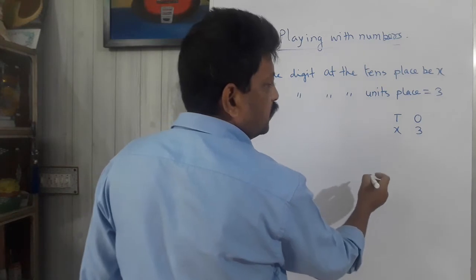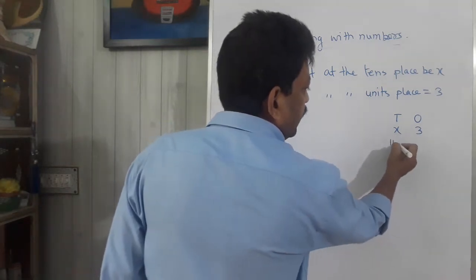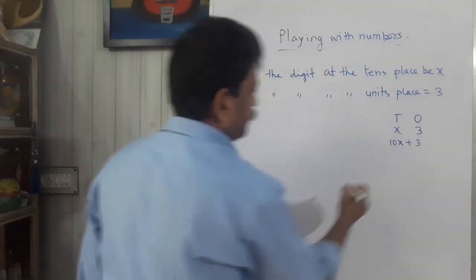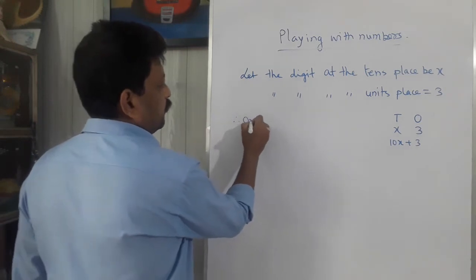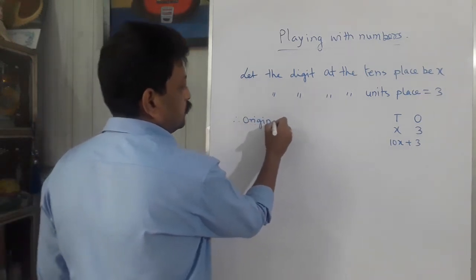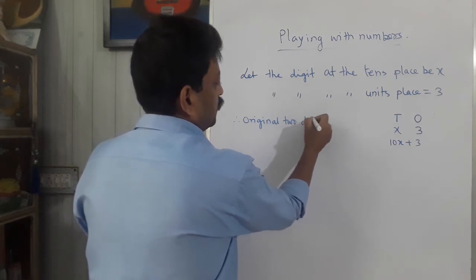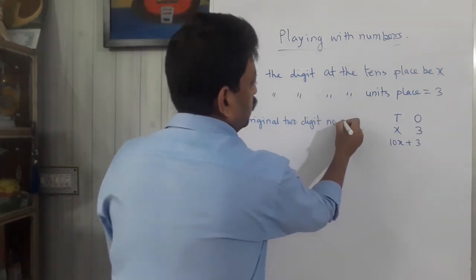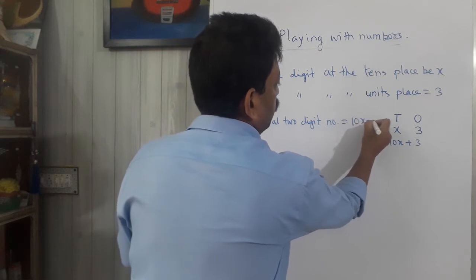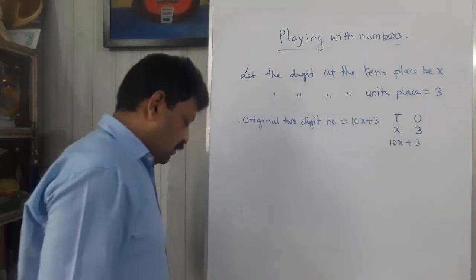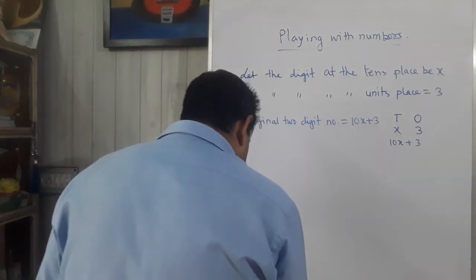So what is the original 2-digit number? It will be 10x plus 3. Therefore the original 2-digit number equals 10x plus 3. Now this is the first condition.